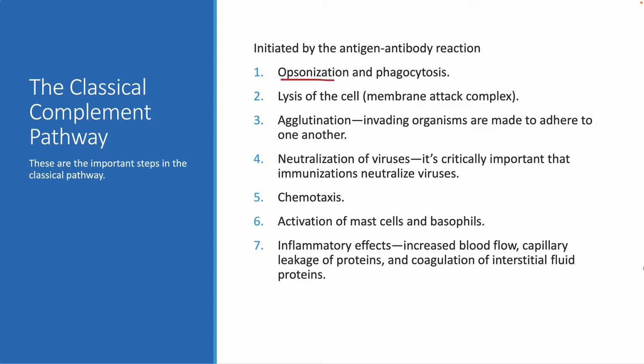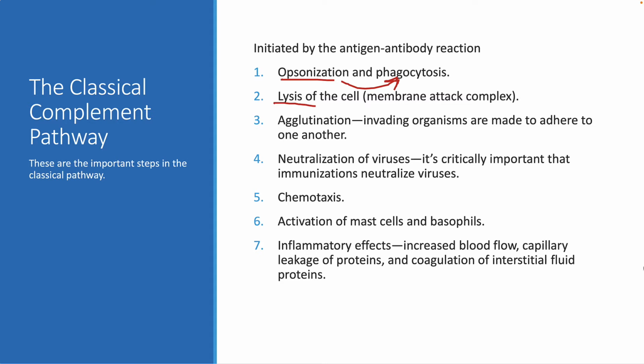So opsonization is the presentation of the antigen, right? Opsonization is where the antigen is identified, and then phagocytosis happens as a result of that. Once the virus, for instance, or the bacterium has been opsonized, the phagocyte can attack it. The next thing that happens in this classical complement pathway is lysis of the cell.